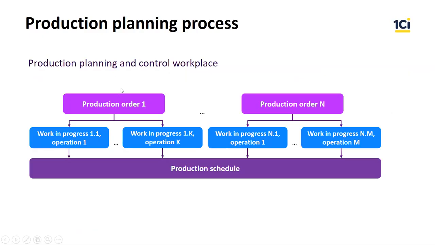In general, when we receive a production order, it has finished products, and those finished products have bill of materials and might include semi-finished components that contain bill of materials as well, and so on. And to produce those finished products and semi-finished components, we need to perform some production operations. So to register those operations, we use the work in progress document. And this is the basic unit which we use in production to generate production schedule.